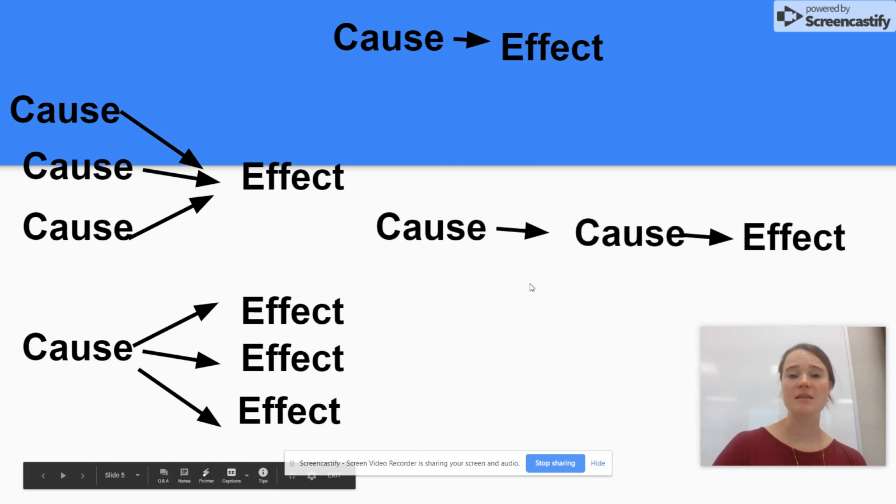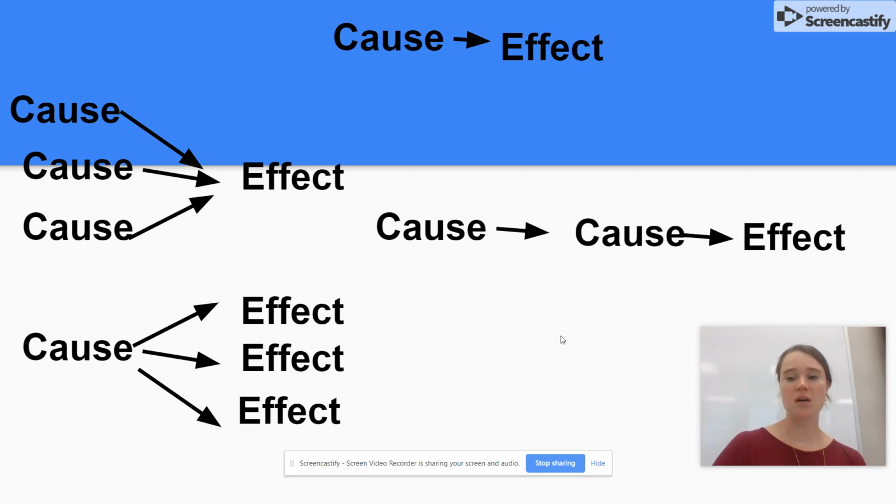Additionally, you can have something that is a causal chain. This caused this, which had this effect. Hitler had a rough childhood, which led to a turbulent adulthood, which led him to want to become dictator. And so this caused this, which caused this. And you can even do a combination of these. So maybe you have two causes that lead to two effects.